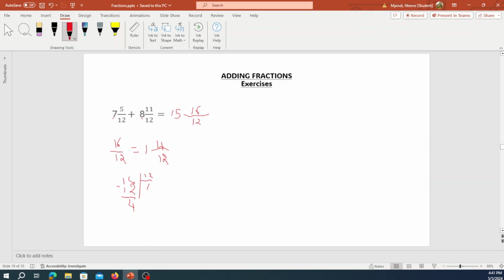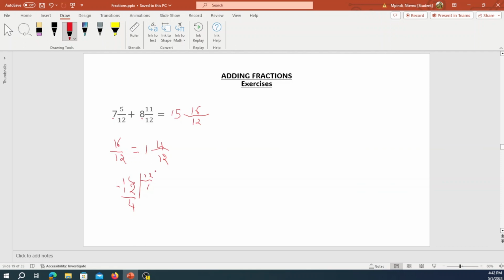How? Because 12 times 1 equals 12 plus 4 equals 16. Now we can also add the whole number part of the answer to a mixed number and reduce it. So it's easy. We can do it.